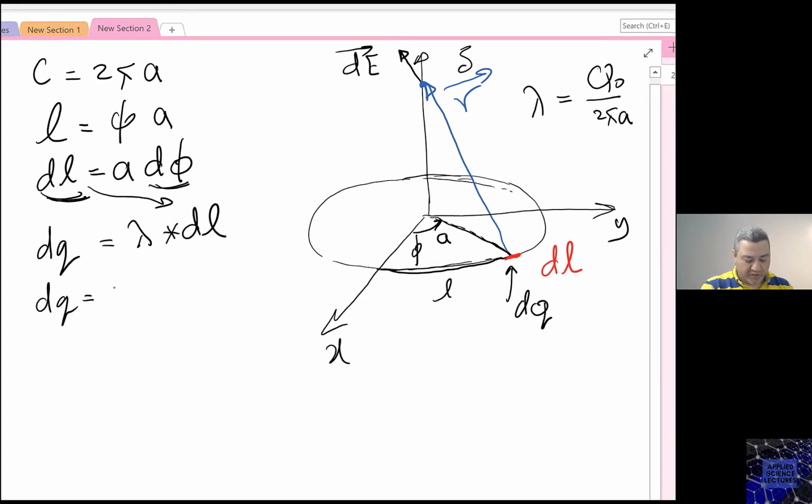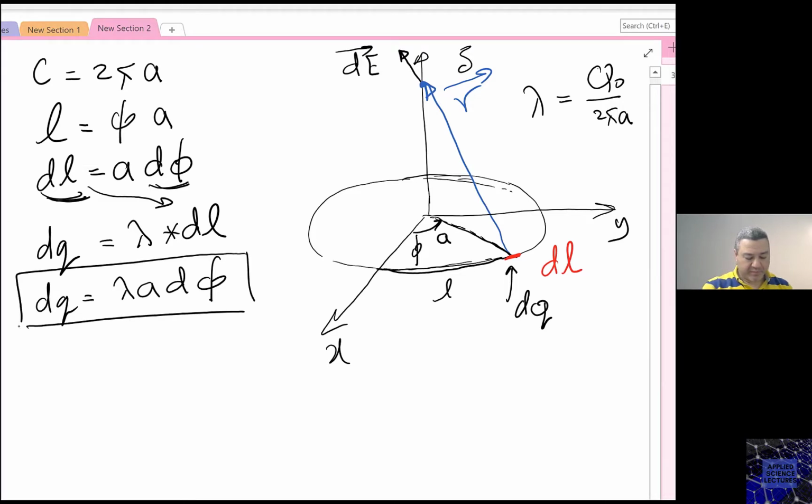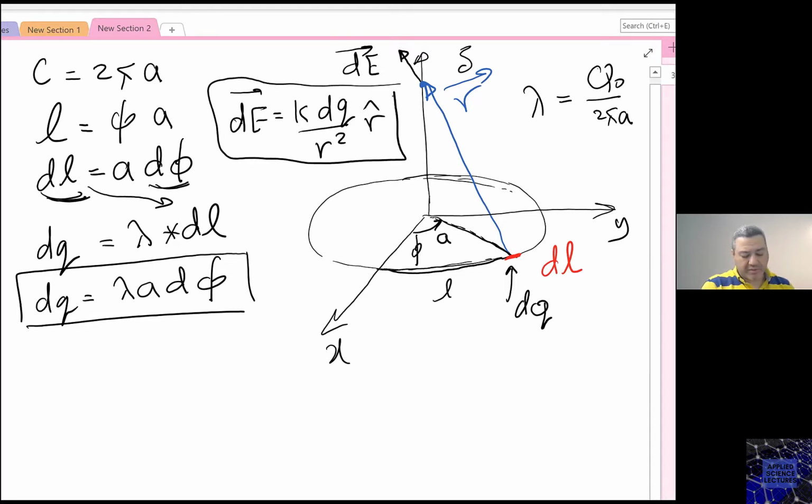So dq equals lambda a d phi. Don't forget that the general equation is k dq over r squared r hat. This is the electric field. So I'm done with the dq.